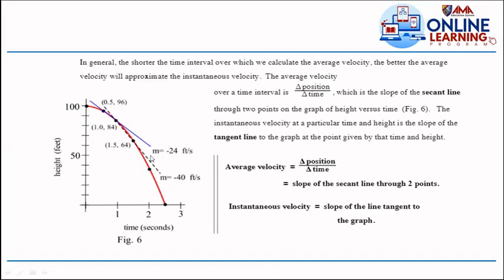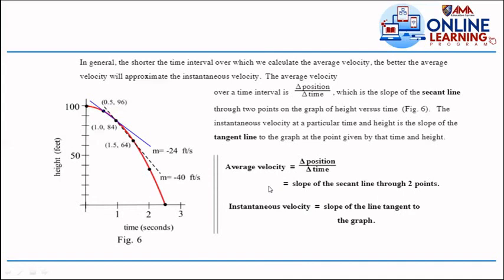Ang tawag po doon, pag titingnan natin, malayo po siya doon sa given function. Yung dashed line po natin na kulay black, hindi siya tumutungtong o kaya hindi siya dumidikit doon sa function po natin na kulay red. So that is negative 40 feet per second, but this slope is what we call the slope of the secant line.